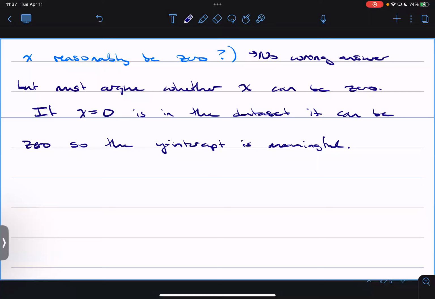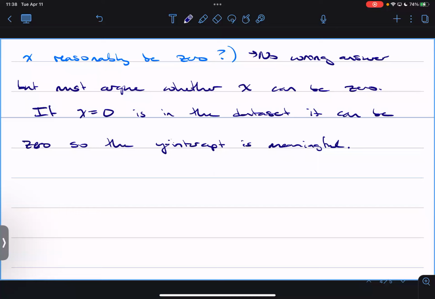So then, if we decided that it's unreasonable for x to be 0, does that shift our y-intercept? No, because the y-intercept is the y-intercept. It's just where it crosses the y-axis, because the line goes on forever and ever.